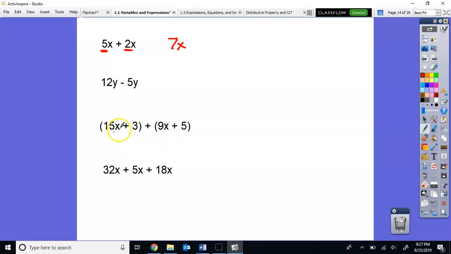Then we got into some that had multiple like terms, like 15x and 9x would be 24x. 3 and 5 would be 8. But these two right here are not like terms. All three of these would be, and we would add up 32 plus 5 plus 18, and you would end up with 55x.